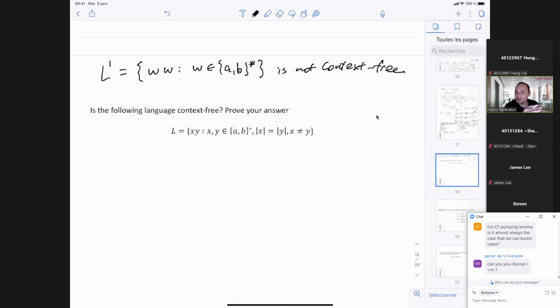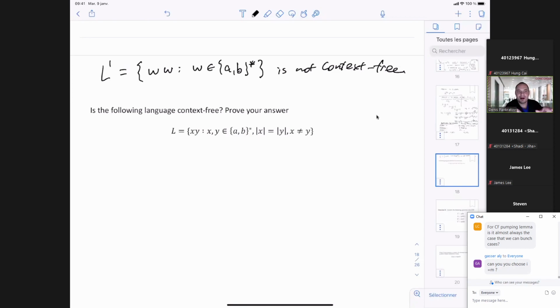The problem here is that the stack is a first in, last out data structure. So it reverses the order for you. You can recognize WW reverse, but if you don't reverse the second component, you cannot do it with the stack anymore. So that's an intuition, and then there is a proof using the pumping lemma for context-free languages.